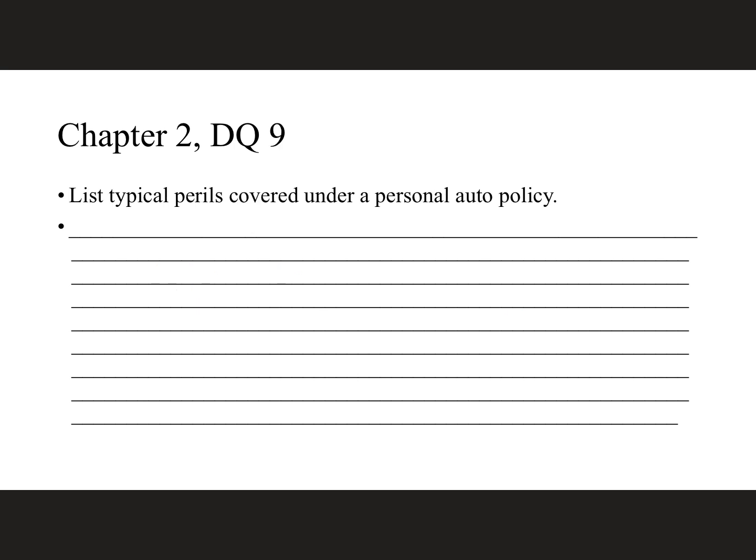Okay, last question for this set is list typical perils covered under a personal auto policy. So some things that we would see would be fire. If your property was damaged in a storm, we have things like theft, collision, we have hail, flood, for example.